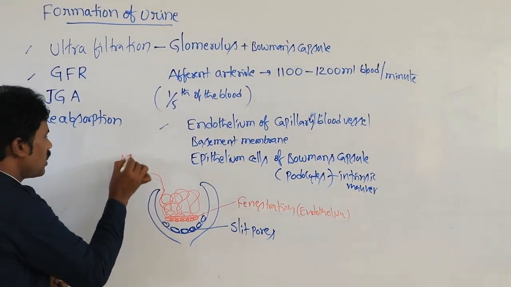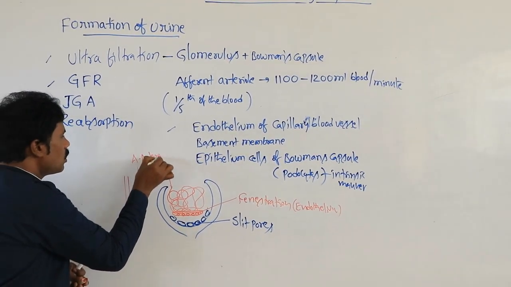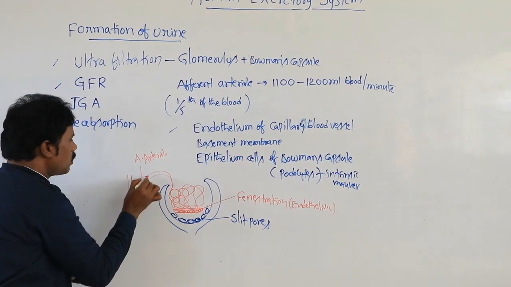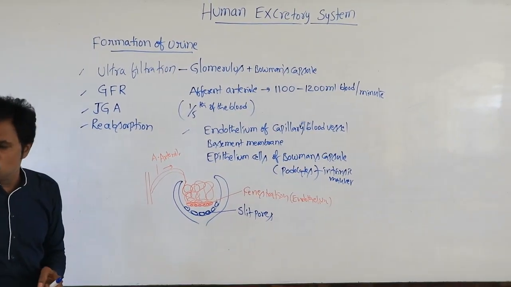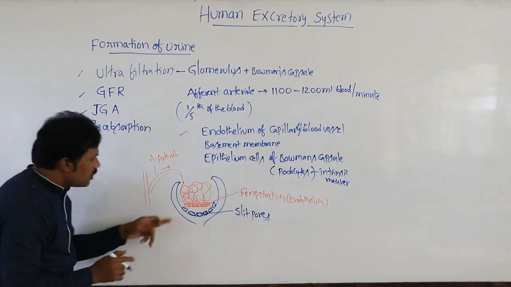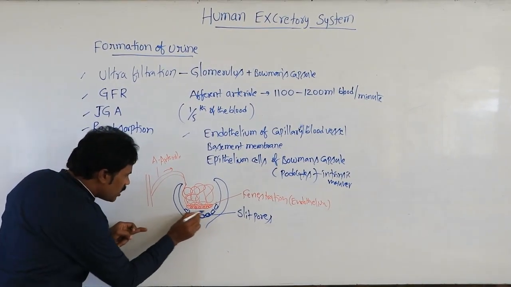This is the afferent arteriole, and the blood moves in this direction. In between is the basement membrane.